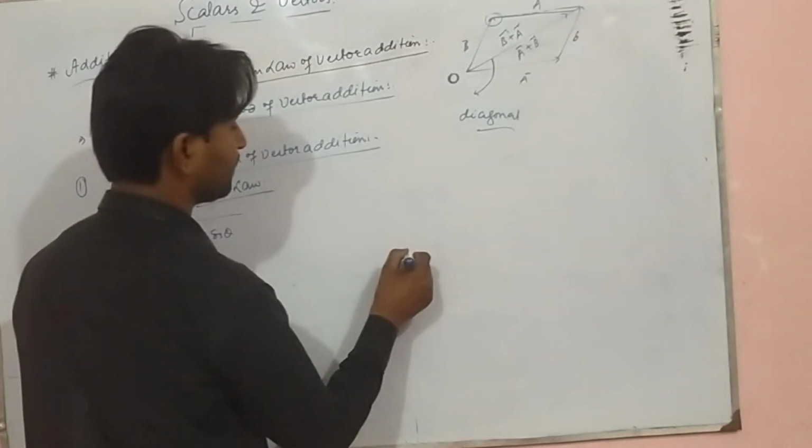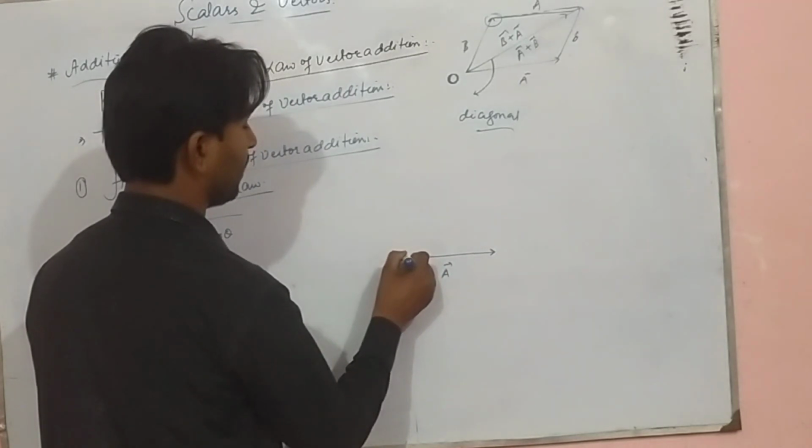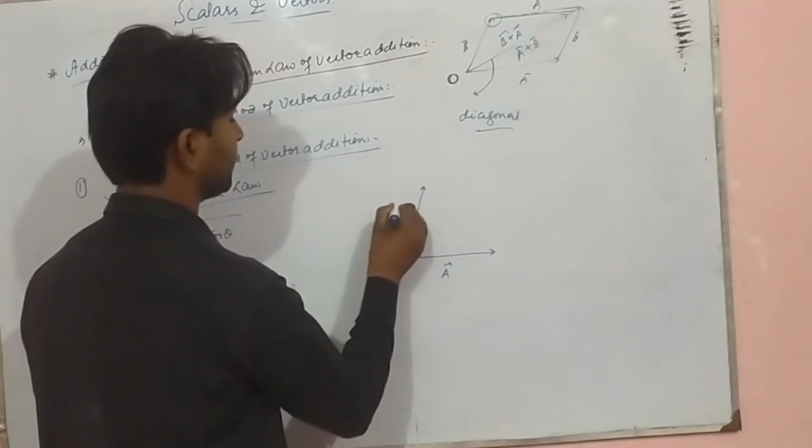Let us consider this is A vector and this is B vector.